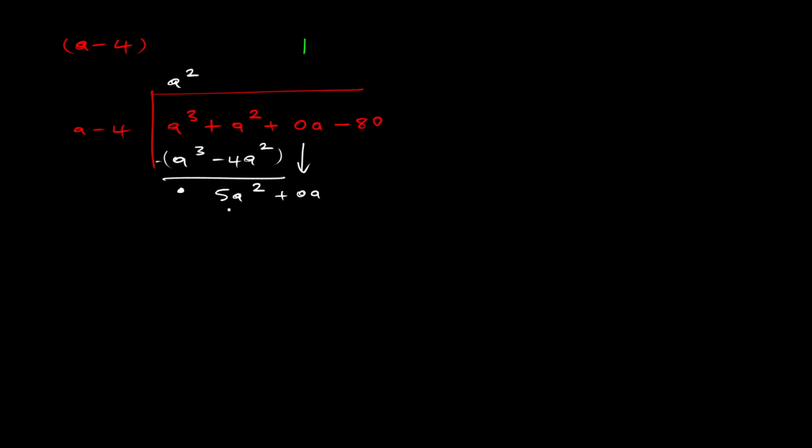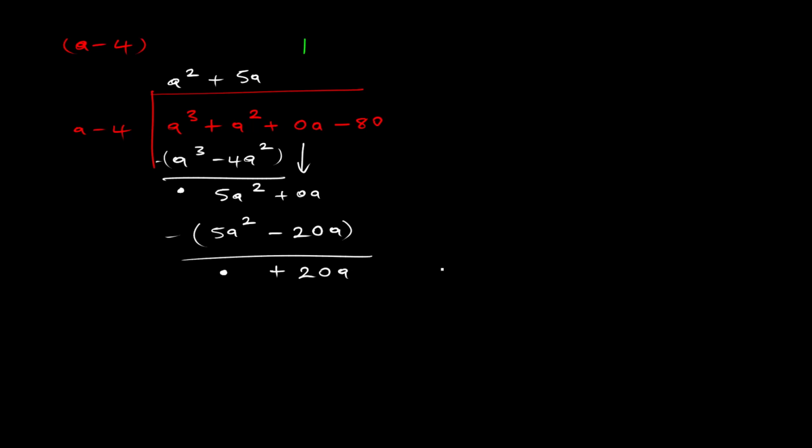So a into 5a squared would simply be plus 5a, and let's multiply back. 5a squared, negative 20a, and always subtract. So this would leave nothing here. This would leave a positive 20a.